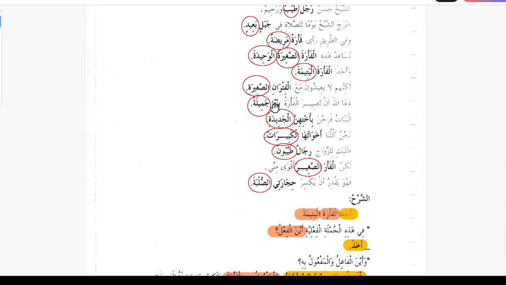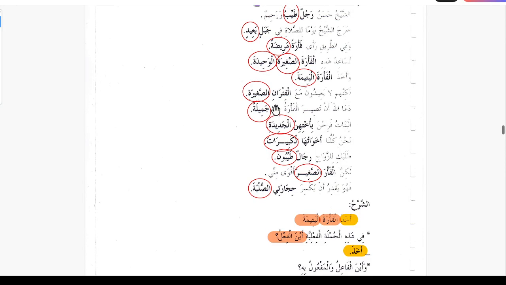Bintan is mansoob because it's coming as maf'ul bihi. So that is why the adjective is mansoob. It is feminine, and this is nakira.